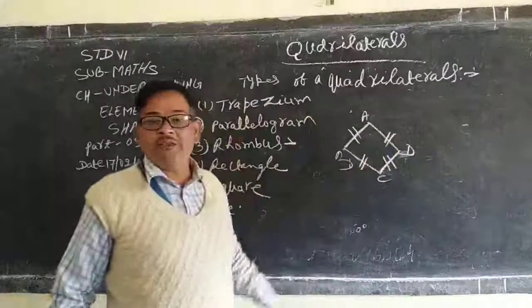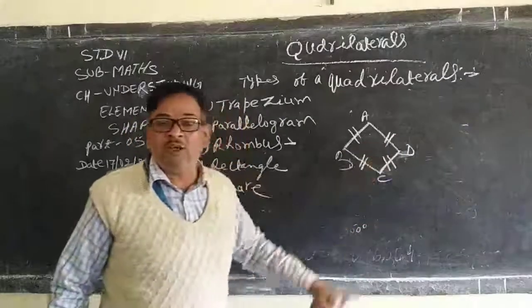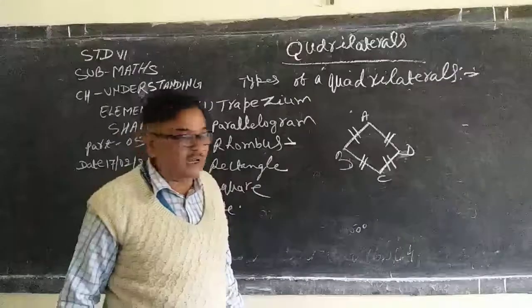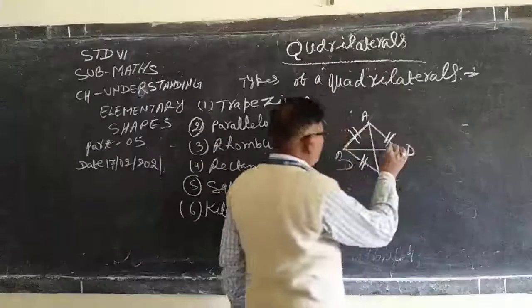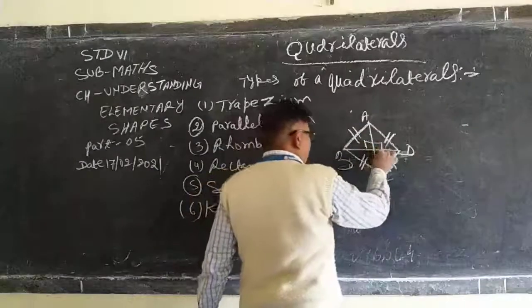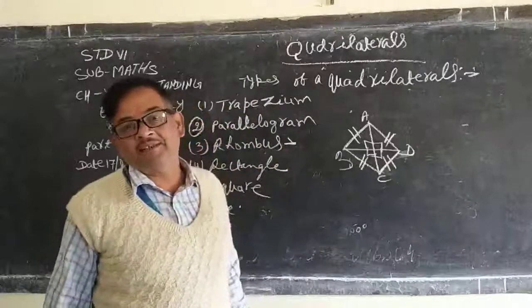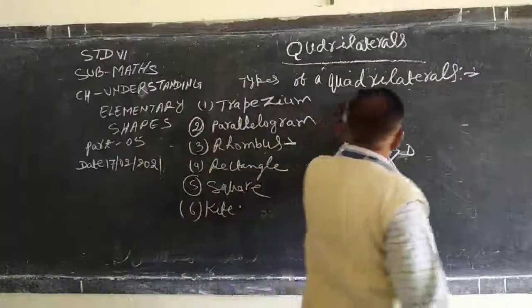Is it clear? Having 4 equal sides, it is called a rhombus. And the diagonals of a rhombus are also perpendicular bisectors. Clear? Rhombus is clear.